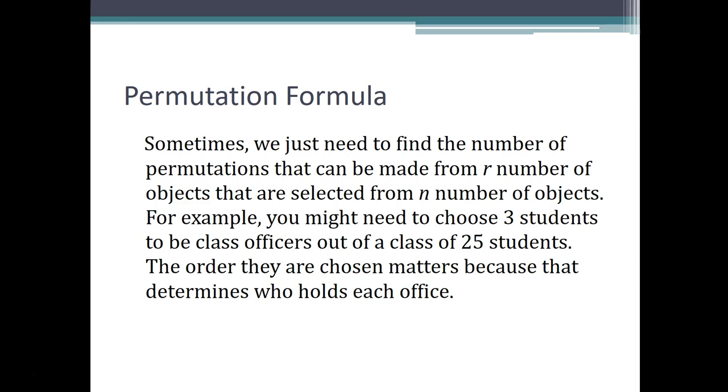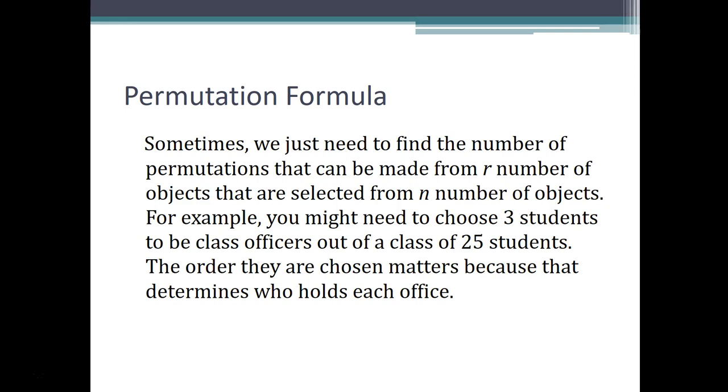But let's say you are holding elections for class officers, like president, vice president, and secretary. You're choosing 3 students. The same student can't hold 2 offices. You have to pick 3 separate students, and you want to see how many ways you can do this. And all 25 students can equally be selected for those offices.